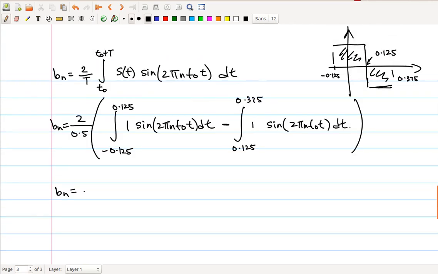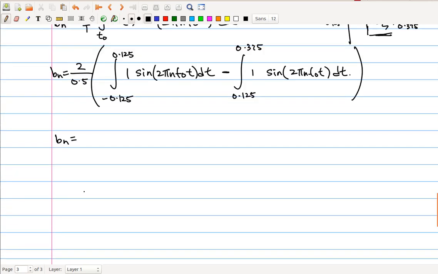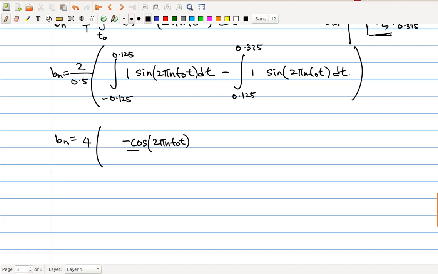Alright, so let's keep going with the evaluation of this definite integral. So 2 divided by half, 4. Okay, evaluating this integral, a sine goes to what? A negative cos. So negative cos 2 pi n f naught t, and remember we have to divide by the derivative on the inside, so same thing. Okay, and don't forget your upper and lower limits.